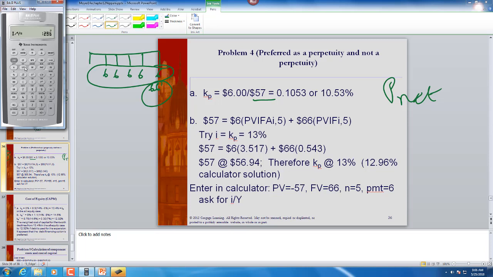Compute I/Y, you get 12.96. Okay, now the 12.96 is not interest per year, but actually dividend yield in this case. Dividend per year is 6, but the dividend yield is 12.96. It's kind of cool when you think of it.